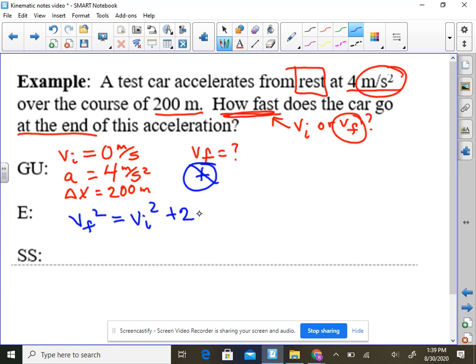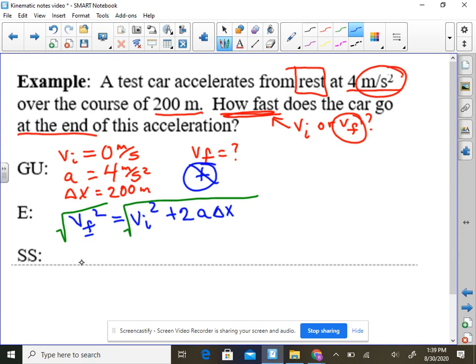And if you look at that, I have squares. And I have a delta x. So I have an ax there. So a square ax equation. So now my next step is to solve for final velocity. And I almost have it solved for final velocity. I just have this square there. And so to solve for final velocity, I would take the square root of both sides. Just take the square root of both sides.